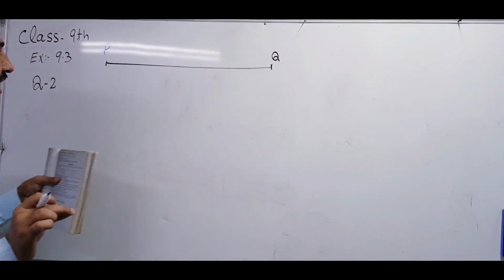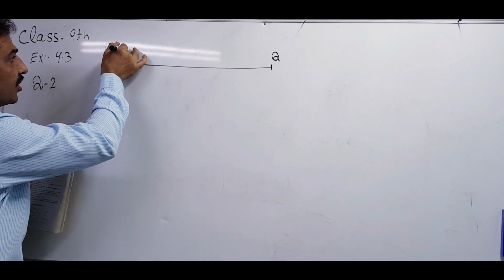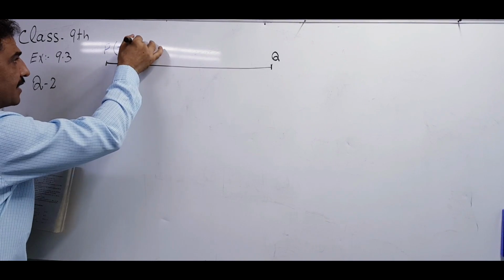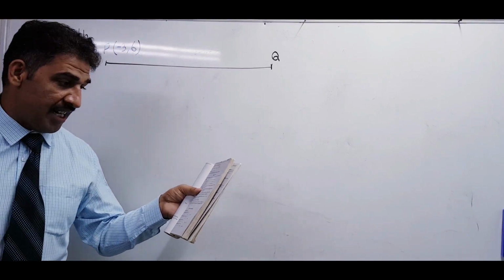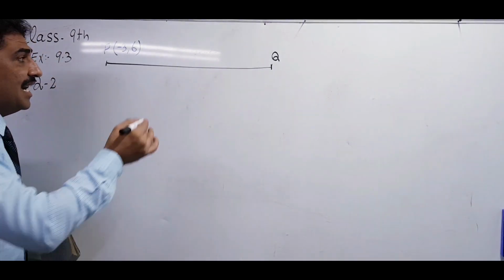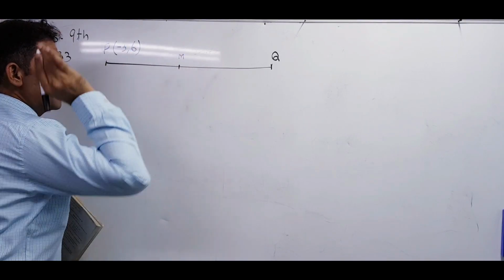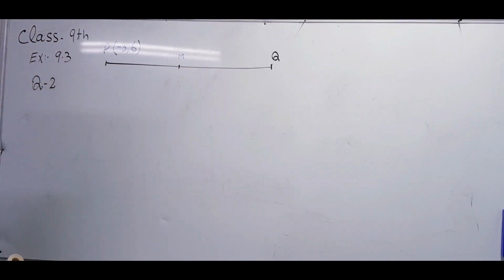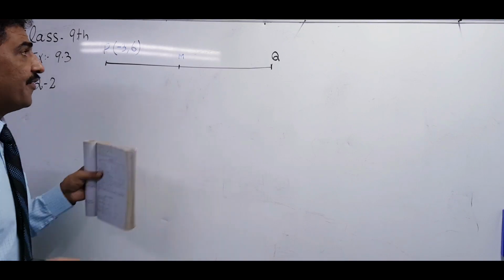So the value of P is equal to minus 3 comma 6, and its midpoint is 5 comma 8. Let M be its midpoint, correct? And the value of M is 5 comma 8.